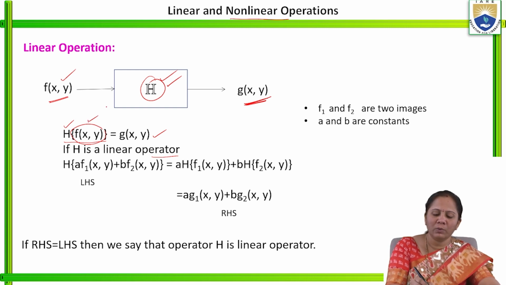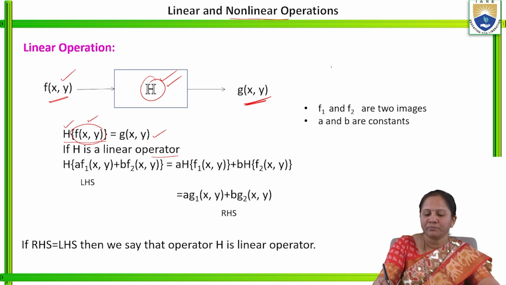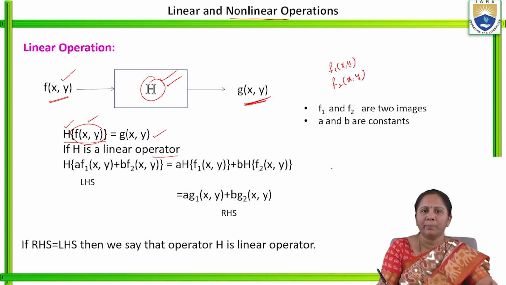Here we have considered only one input image f of x comma y. So let us consider 2 input images, that is f1 of x comma y and f2 of x comma y, and let us apply the operation on the 2 images, then we will see how the output will be.